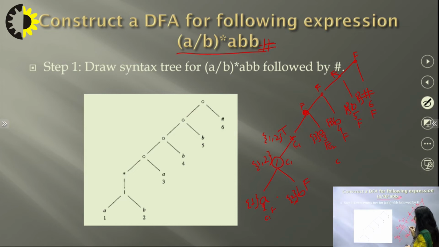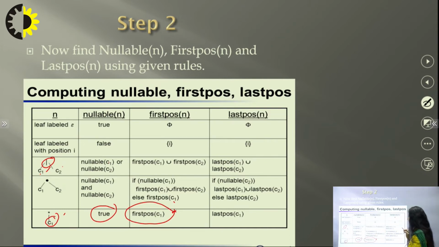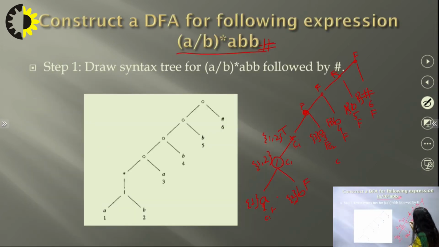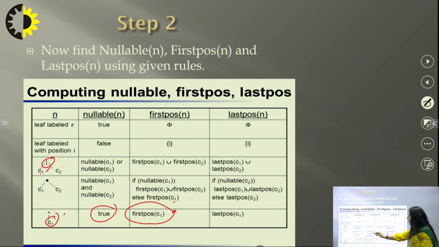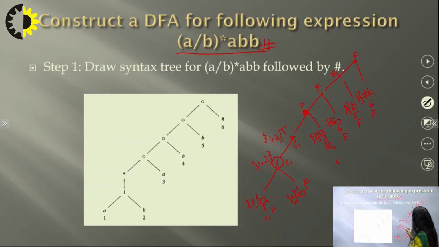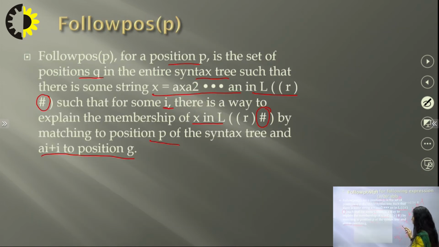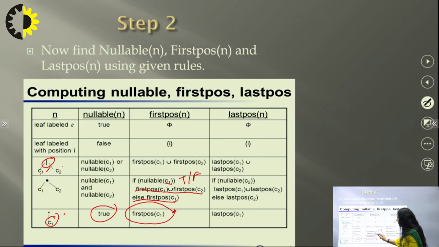The rule is, if nullable of C1, C1 is the star node, is it true or false? If nullable of C1 is true, then we compute the first function; else, if nullable is false, we compute the else function. Here nullable of star, that is C1, is true, so we use this rule: firstpos of C1 union firstpos of C2.